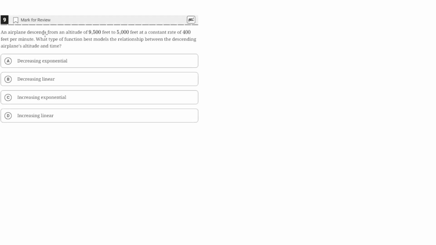An airplane descends from an altitude of 9,500 feet to 5,000 feet at a constant rate of 400 feet per minute. Which type of function best models the relationship between the descending airplane's altitude and time? So we can think of the function as a function of time, and this function will give us the altitude.